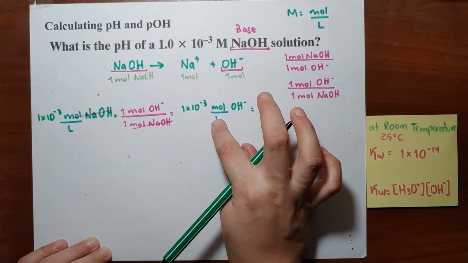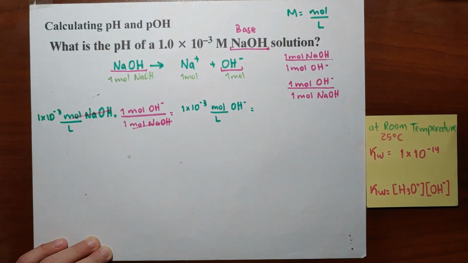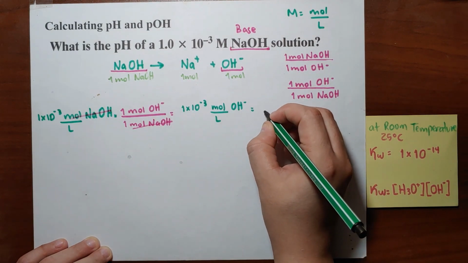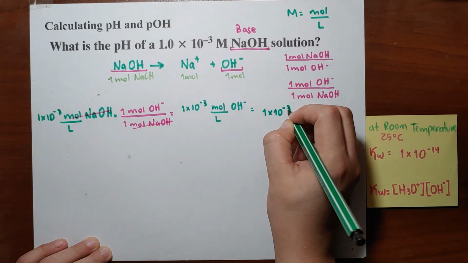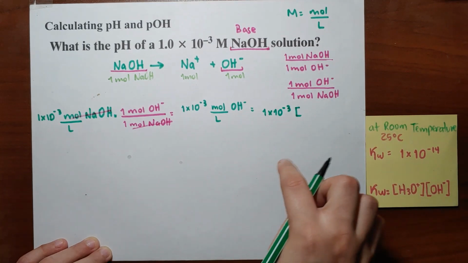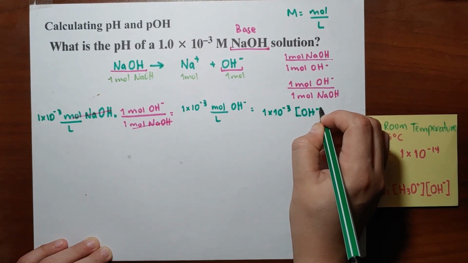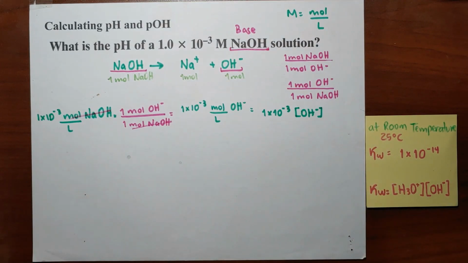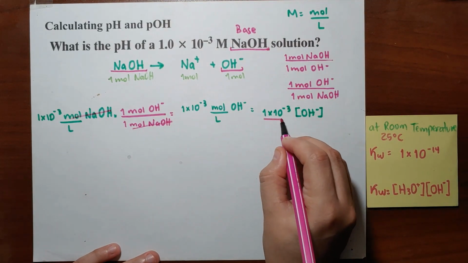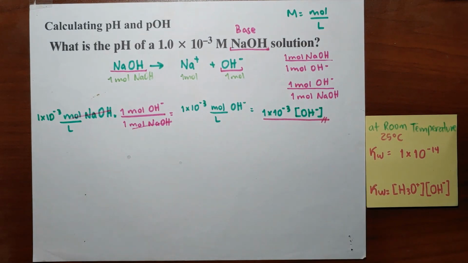You already know that this is molar, and that we need to write it in standard notation: 1 times 10 to the negative third power, brackets, OH minus, and that's it. Now we have the molar concentration of hydroxide. As I told you before, when the temperature is not specified, you assume that it's at room temperature.